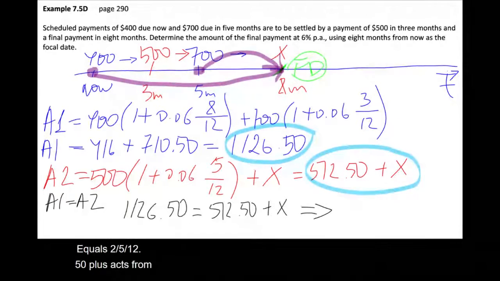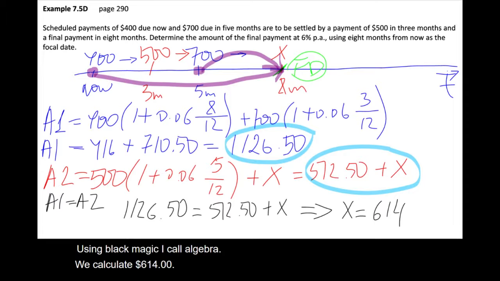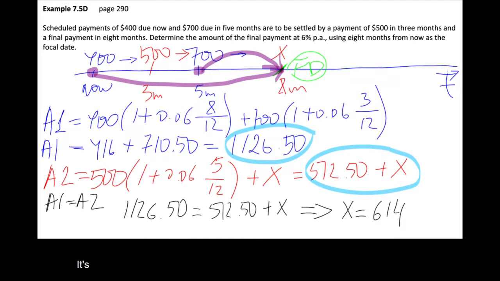From here, using the black magic I call algebra, we calculate x equals $614. For some reason I don't like something. Let me double check. No, everything's fine.